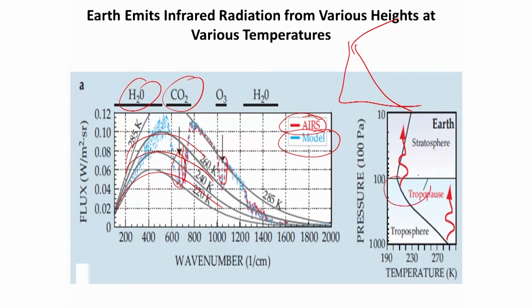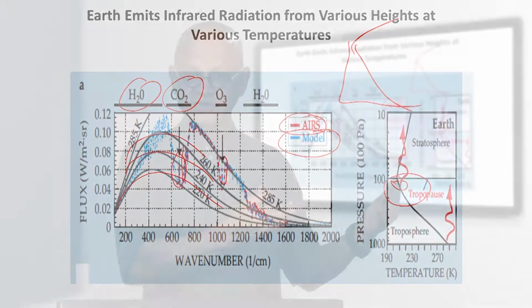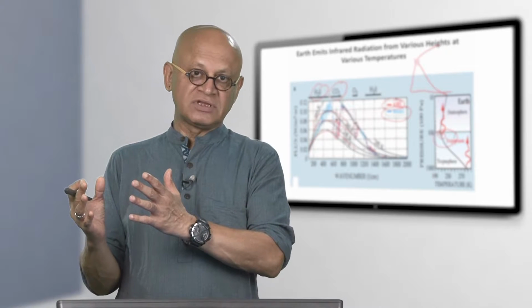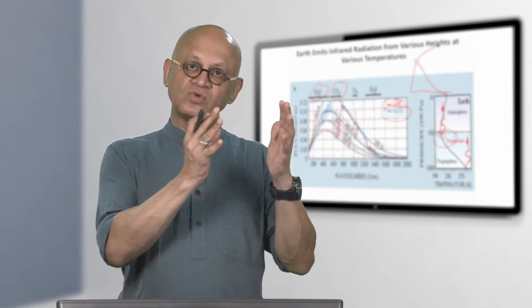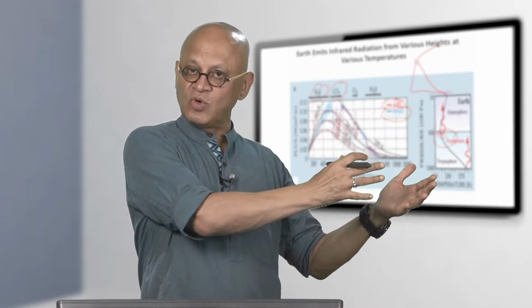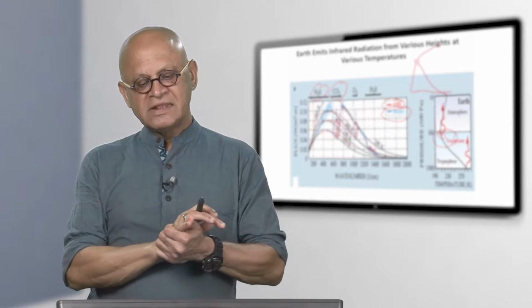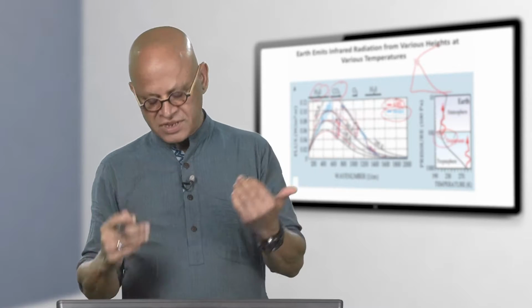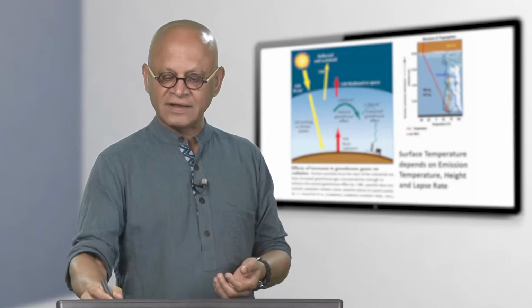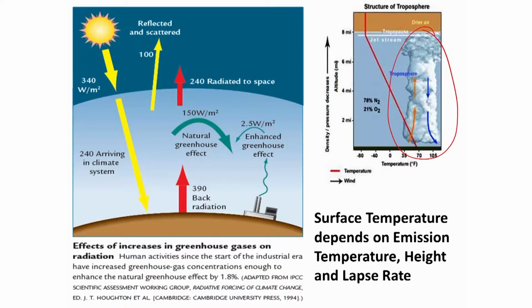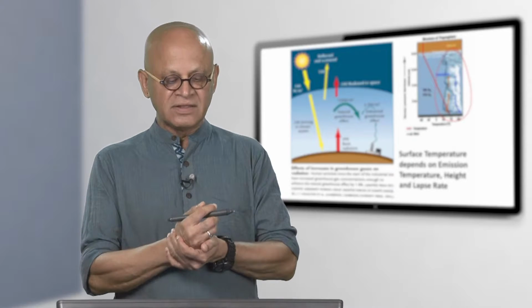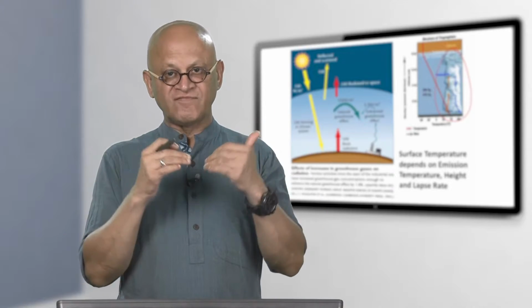But the effective emission happens somewhere around 6.5 to 7 kilometers, and what temperature it happens at depends on various things like where you are on the planet, because the temperature at 6.5 kilometers will be very different in the tropics compared to the subtropics or mid latitudes or the polar regions. Okay. So, to explain the balance to your students, you will have to invoke the fact that the atmosphere has very strong convection in warm temperatures and at higher latitudes where there is again convergence and rainfall.